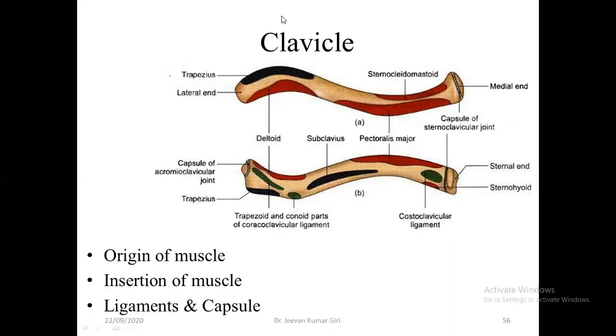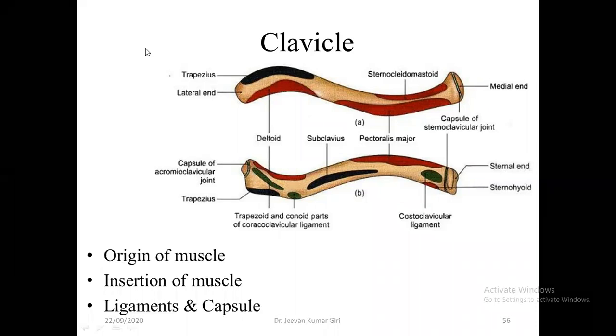Now we'll see the attachments of the muscles. See the lateral one third of the clavicle. It has got a forward concavity. It has two borders, the anterior border and the posterior border.